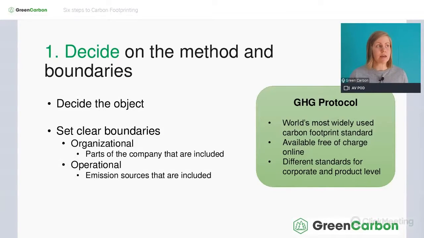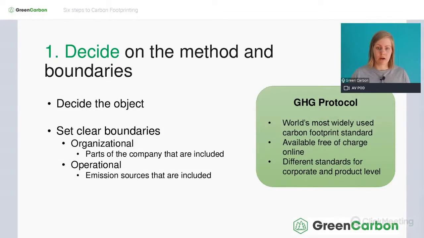Especially if it's hard to get the data about those 5 minor ingredients, or if it's hard to get the right emission factors, you can say that, okay, we exclude them because they have such a minor role in our production and it's hard to get the required information.